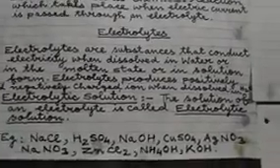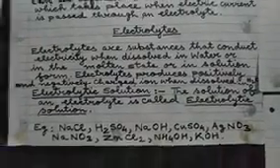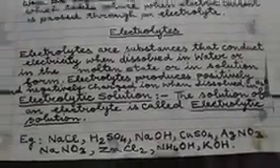So two things about the electrolyte you should remember: electrolytes are chemical compounds or substances that conduct electricity when dissolved in water or when they are present in their solution form or in molten state. And these electrolytes produce ions, which are either positively charged or negatively charged when dissolved in water.